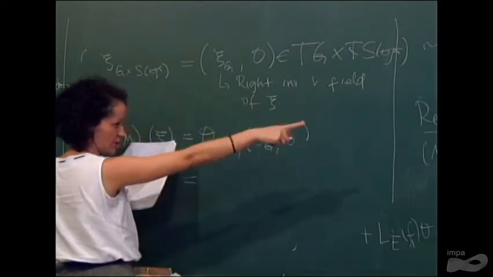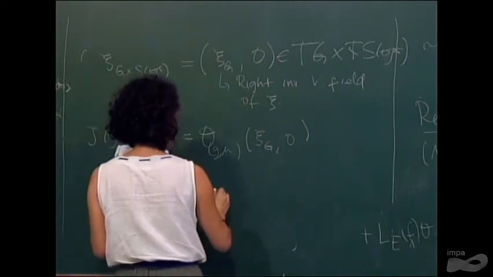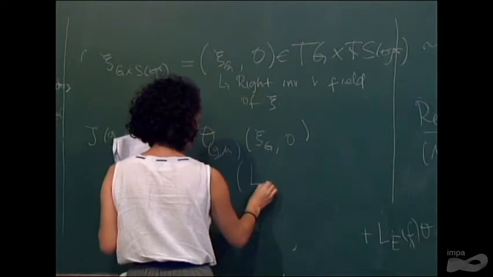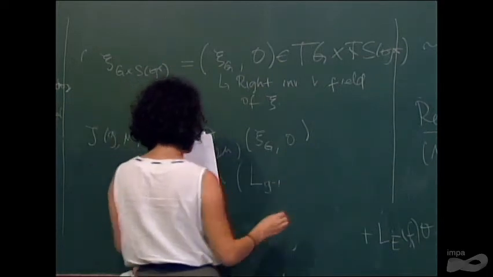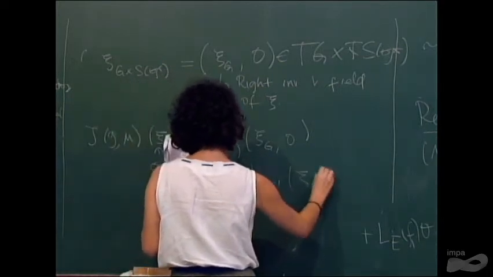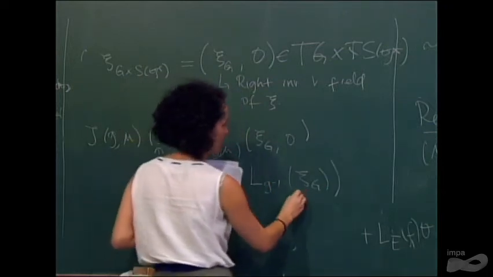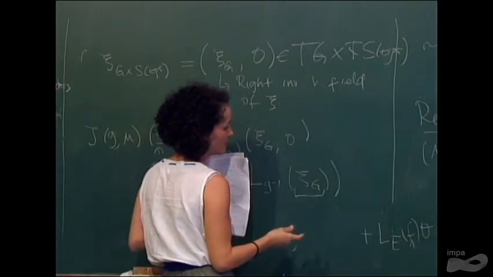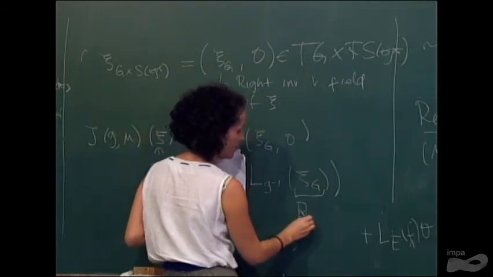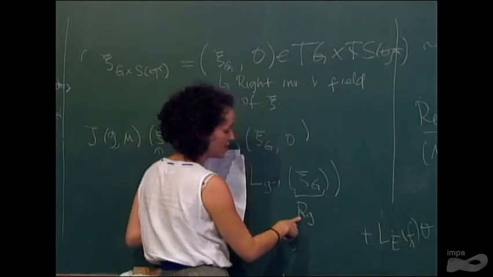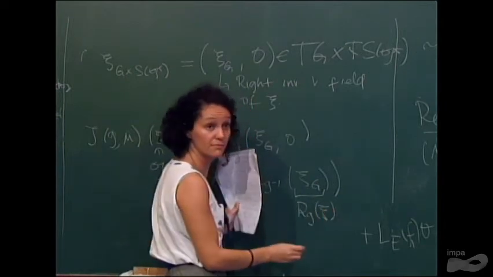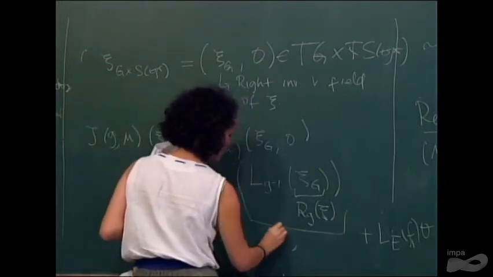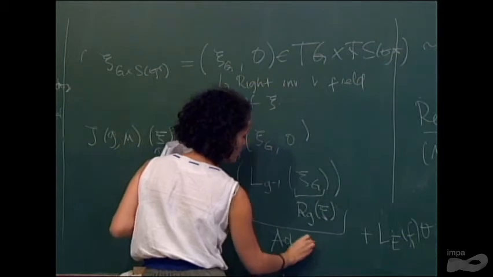And by our definition of theta there, this is mu applied to left multiplication by g minus 1 of this vector. But because this is the right invariant vector field associated to theta, this is right translation by g of theta, right? So what you get here is the adjoint of g applied to theta.